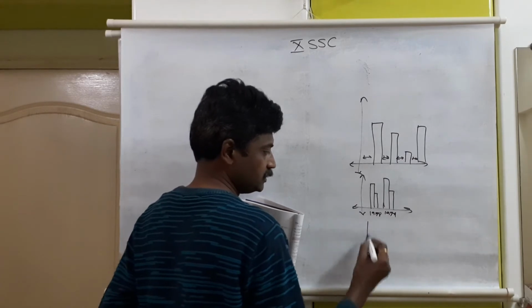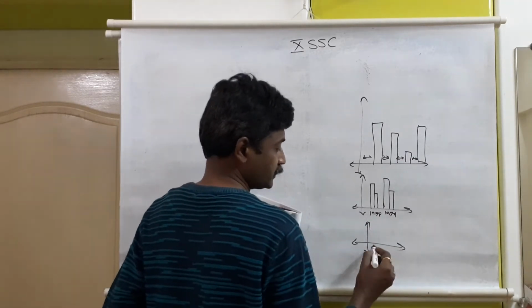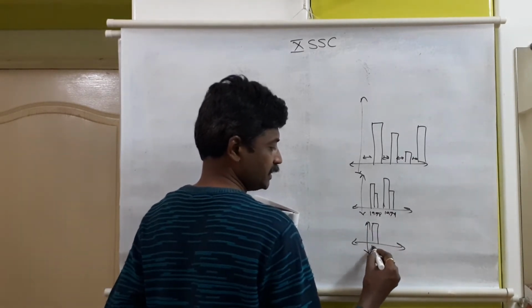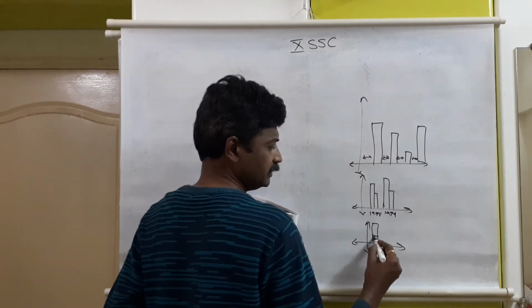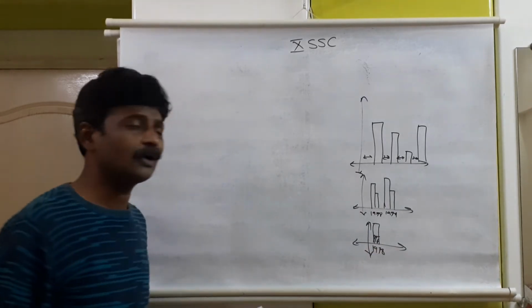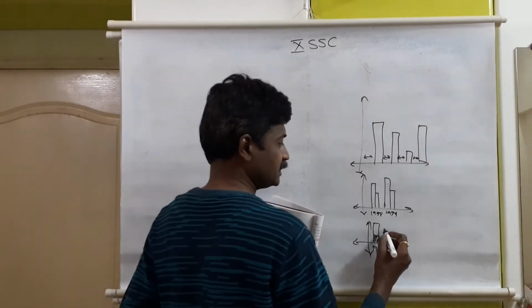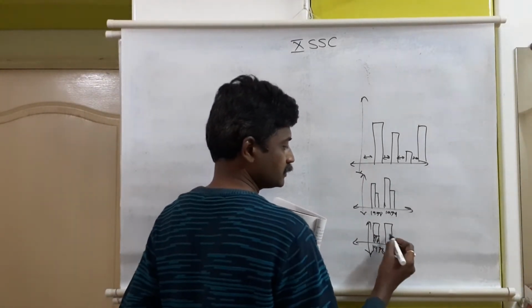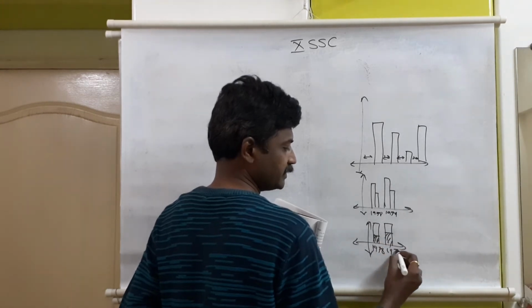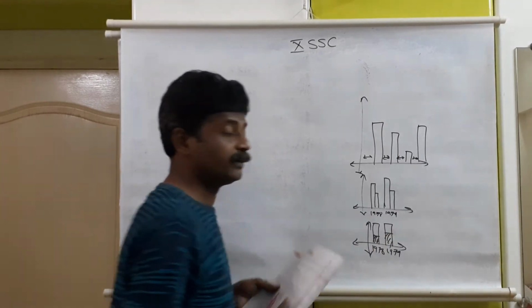Okay, next is the subdivided bar graph. Suppose for 1978, subdivided, this part will be used for production of jowar and the remaining for production of wheat. For 1979, similarly, so this is a subdivided bar graph.